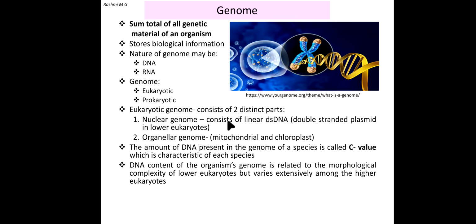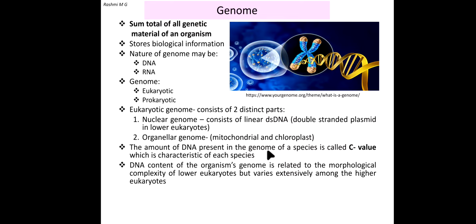The nuclear genome consists of linear double-stranded DNA, and double-stranded plasmids in lower eukaryotes. It refers to the genetic material present inside the nucleus. Then there is the organellar genome, the extranuclear genome present in mitochondria and chloroplasts: the mitochondrial genome and the chloroplast genome.